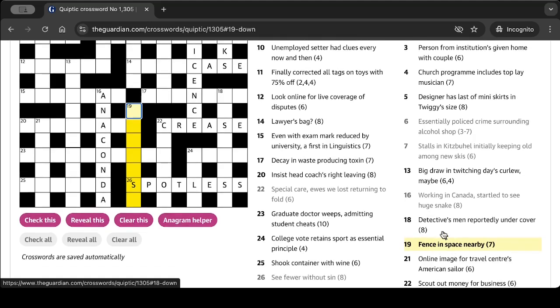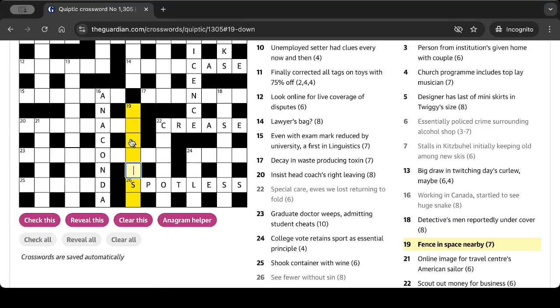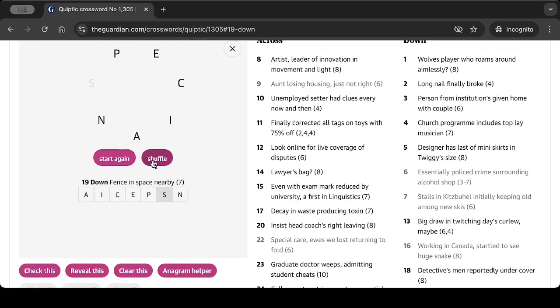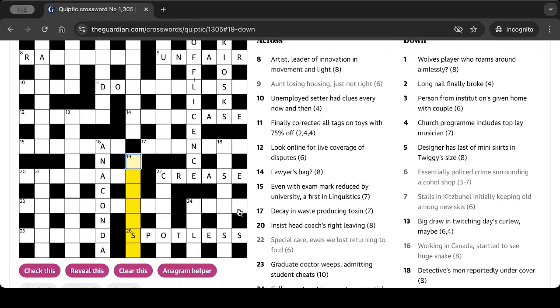And an anagram within space, because we've got an S here and we've got the right number of letters. Maybe it means nearby. So let's just try that. In space. And we're looking for a word that means nearby. And I think that I should really be finding this a little bit more easily. But it doesn't jump out. No need to force it.